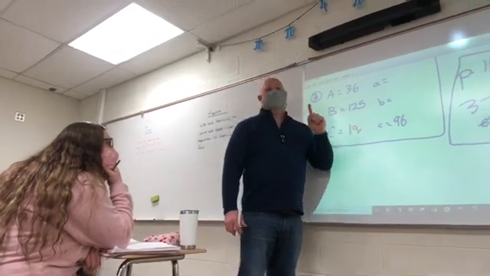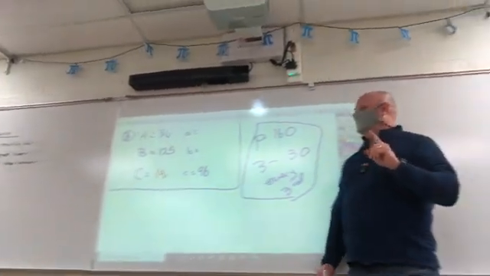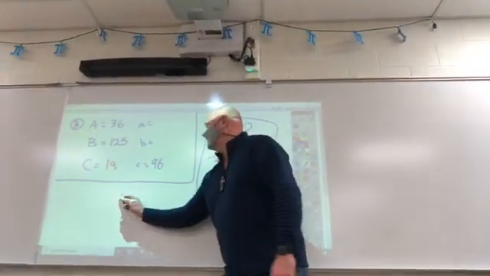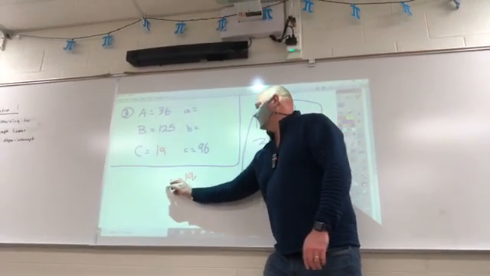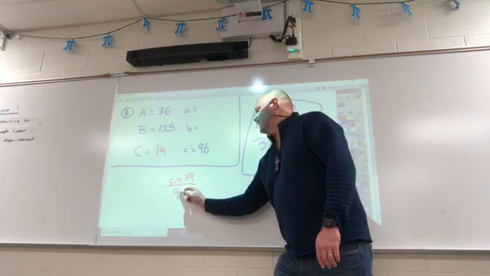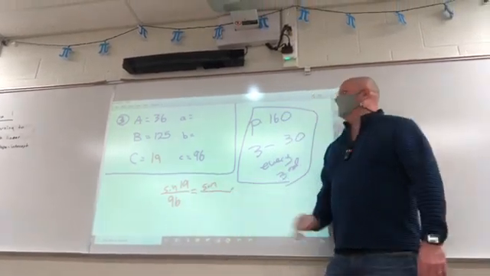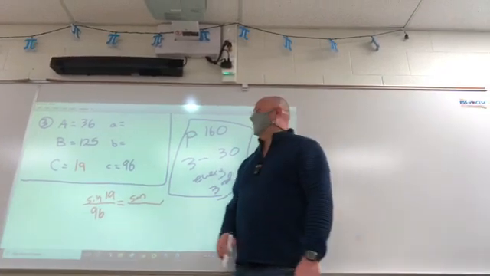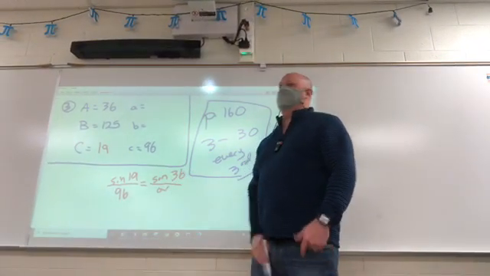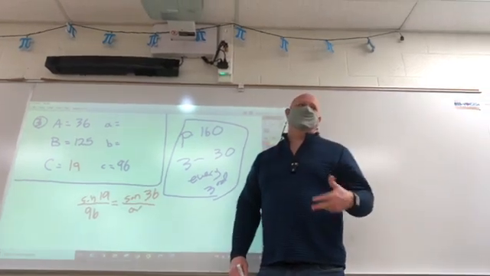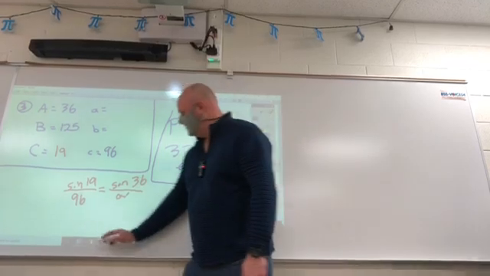So, where's my proportion? Sine of 19 goes with the 96. Does it matter which one you do first? Nope, makes absolutely no difference. If you want to do the 36 first, I just put the little A there. I like to keep the letters, don't use X's, it just makes it easier to understand what you're solving for.